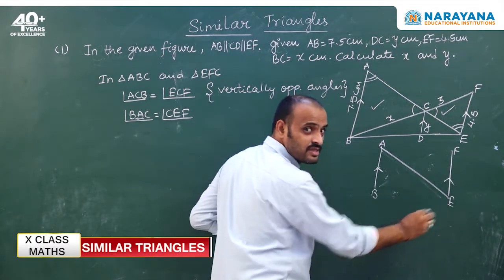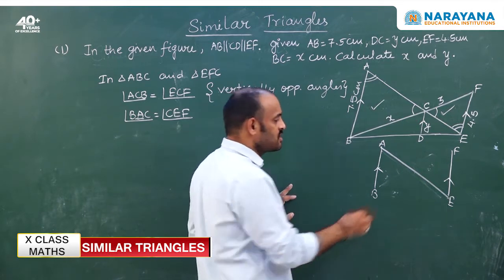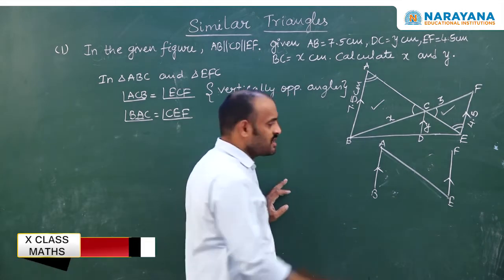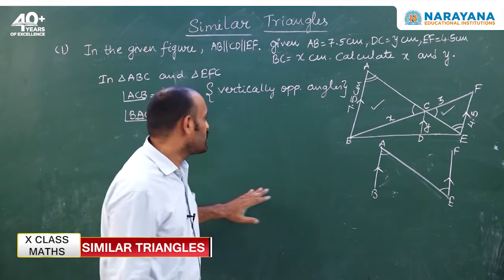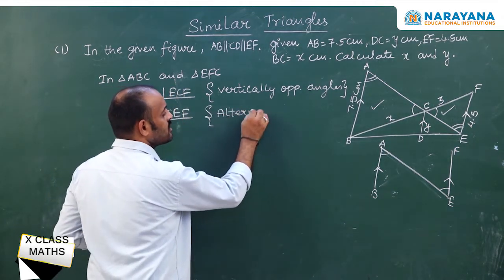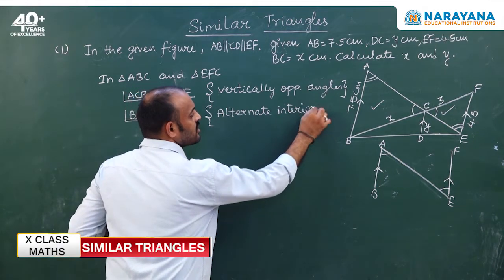AE acts as transversal. In 7th class, in lines and angles, if two lines are parallel and cut by a transversal, alternate interior angles are equal. Alternate interior angles.